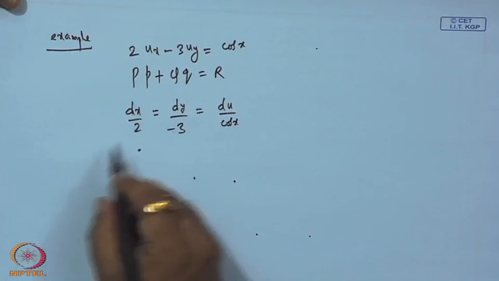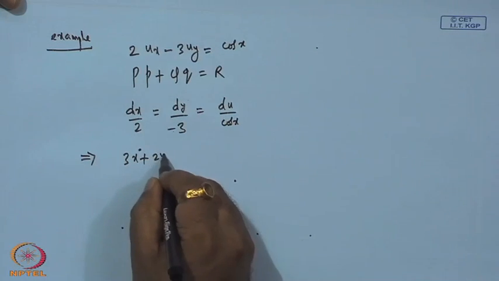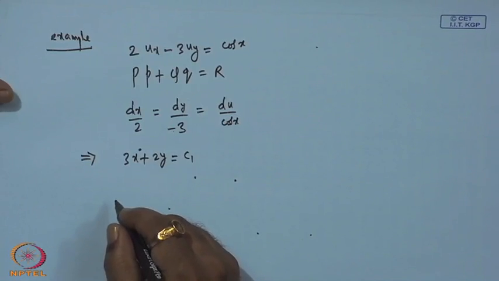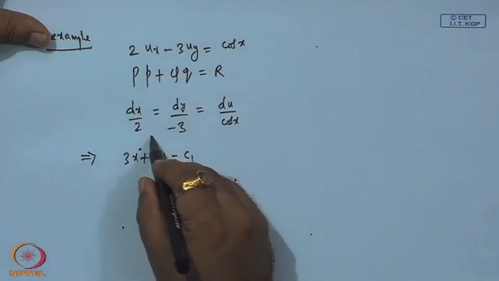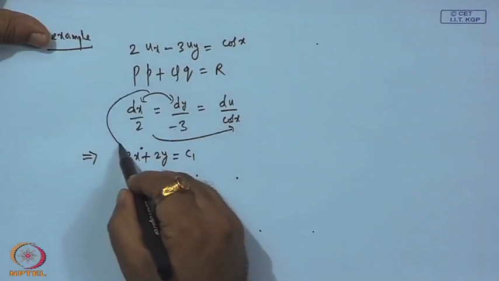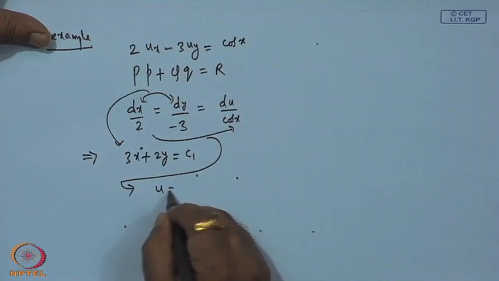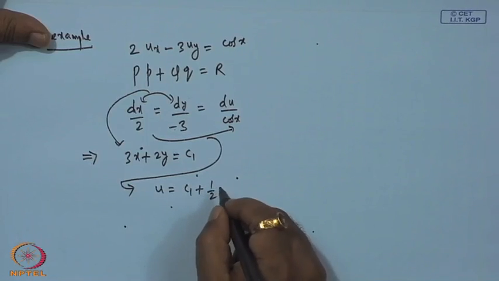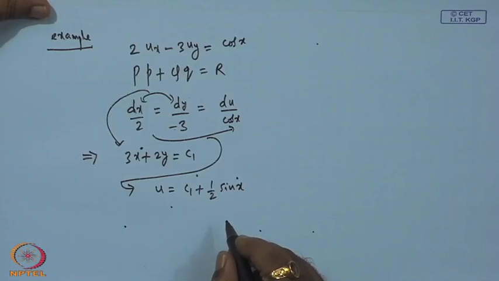Now from these two we get this. Then let us consider these two. So, from these two u equals C 1 plus half sin x.